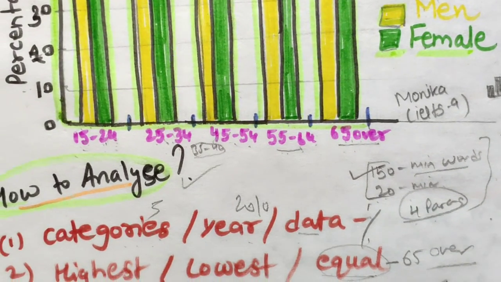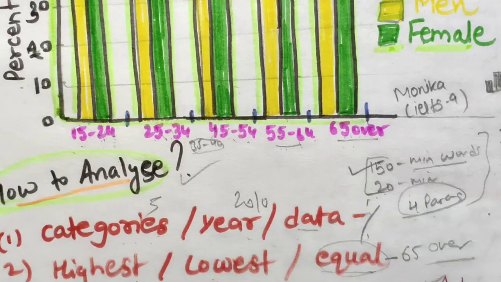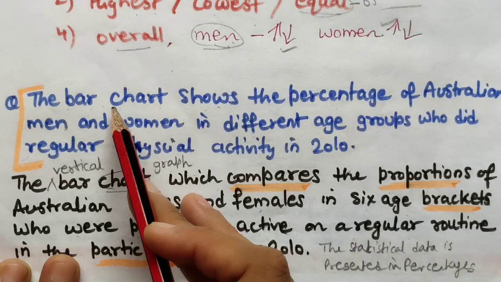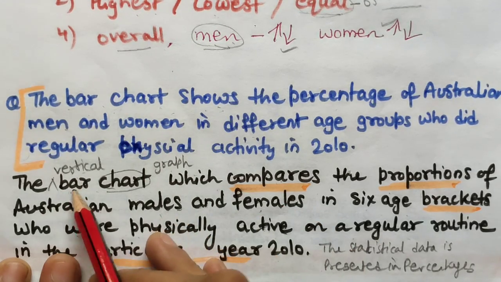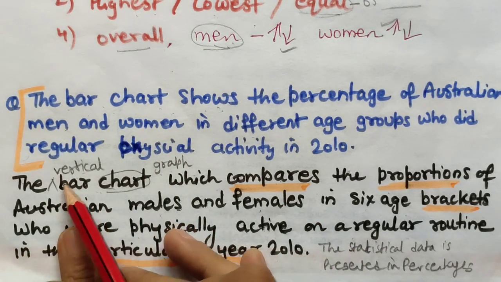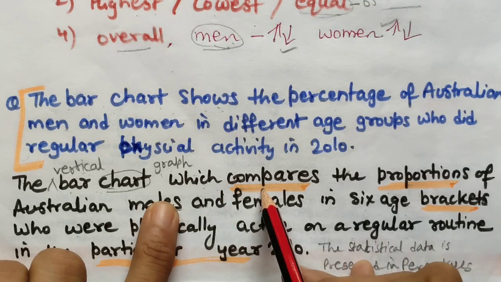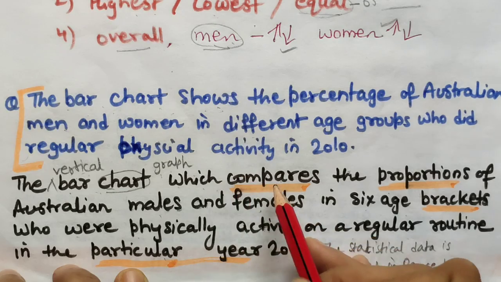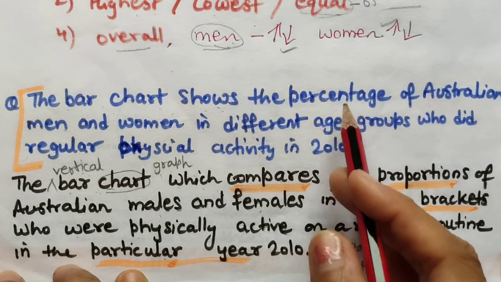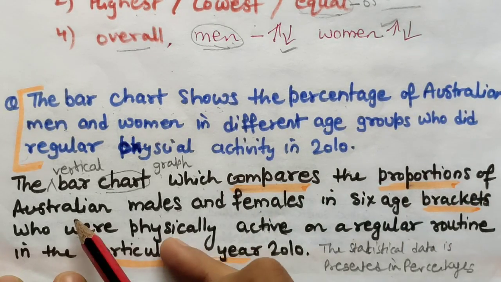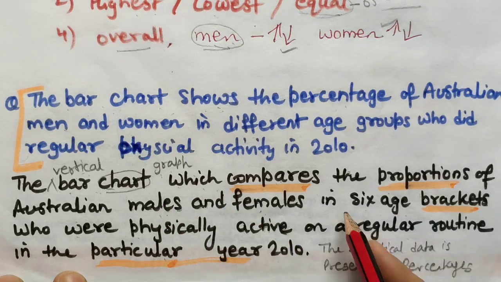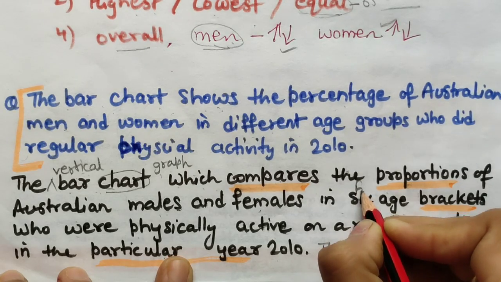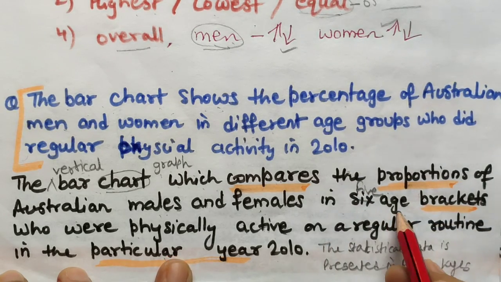So let's write its introduction. In the introduction, as you know, we have to paraphrase the question statement. So: the vertical bar graph compares. If you don't want to write this sentence structure, straight away instead of shows you can write compares the percentage, the proportions of Australian men and women, males and females, in 5 age brackets.